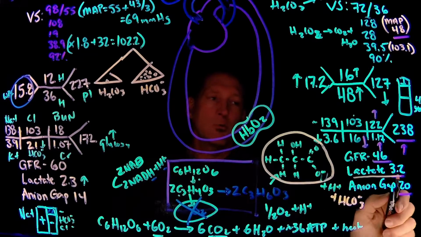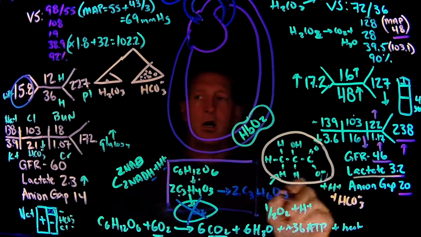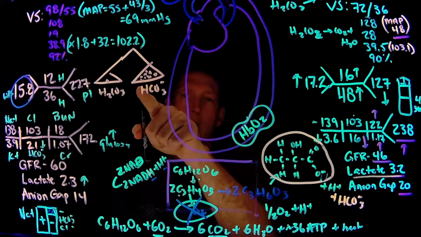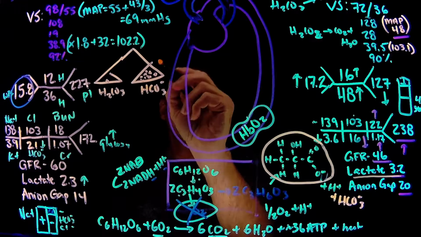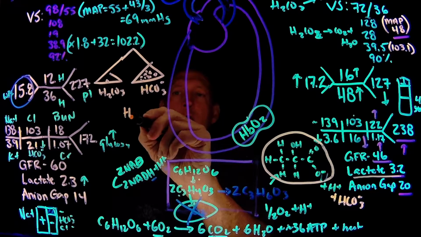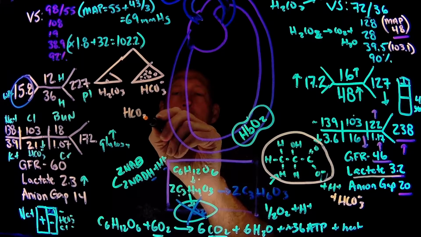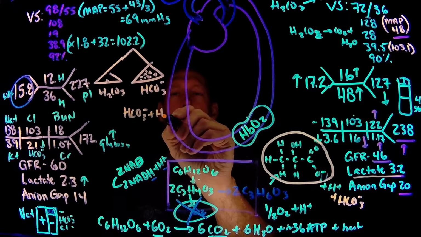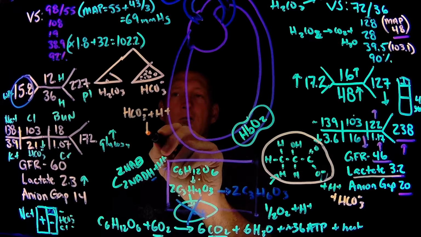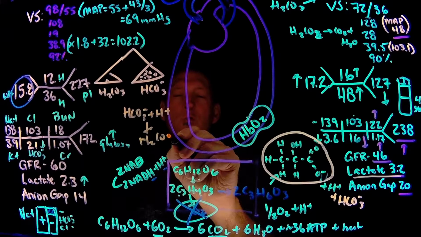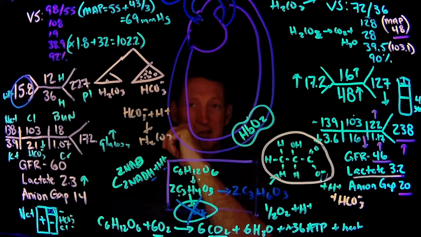And as I produce more lactate, I lose the hydrogen ion, and now I start removing bicarbonate from this side in order to buffer the hydrogen ion. That's giving me my H2CO3, and that's being loaded on this side of the scale.